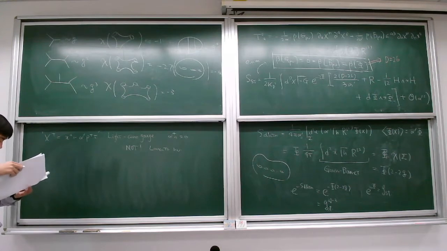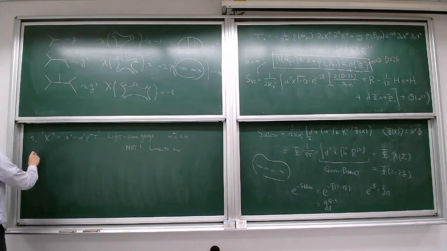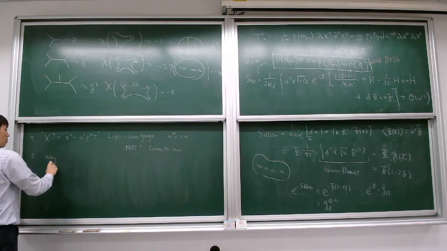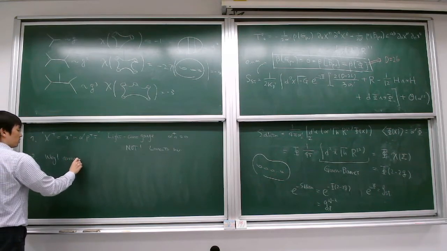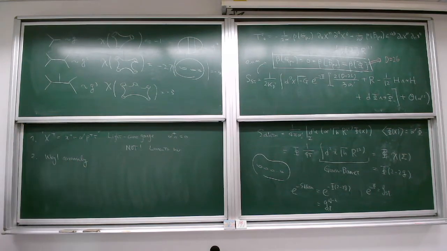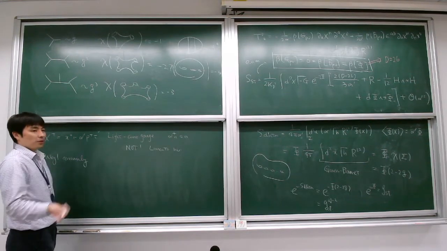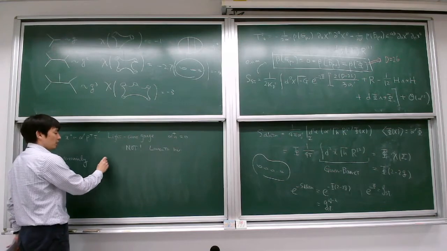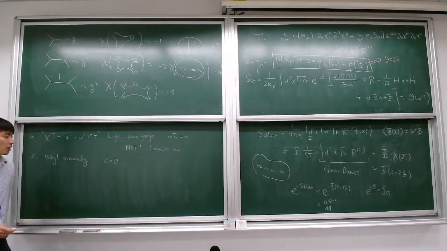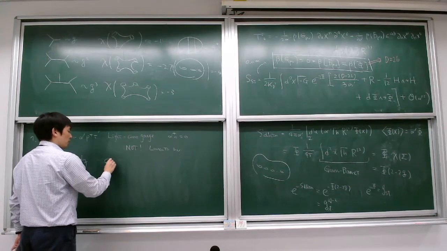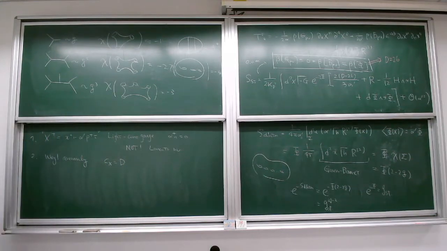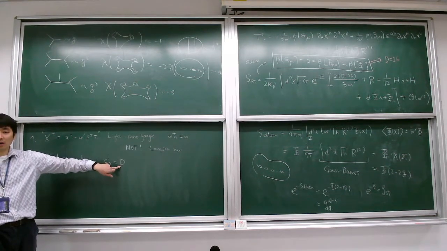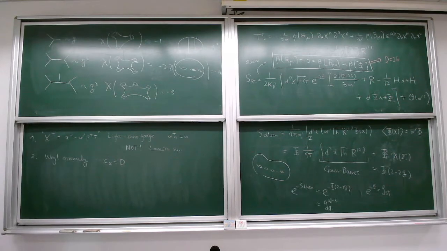We also see that there is a Weyl anomaly in the bosonic string when the worldsheet is curved. If you only consider the bosonic string, the central charge c of X is equal to D, the dimension of the target space.